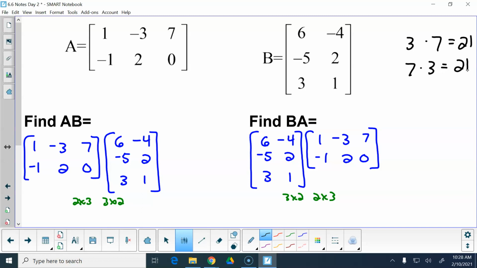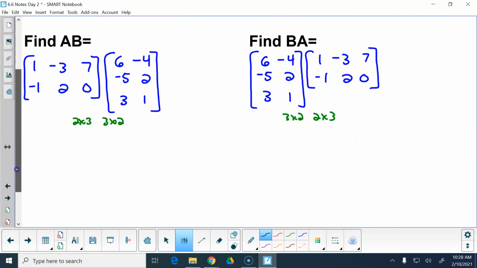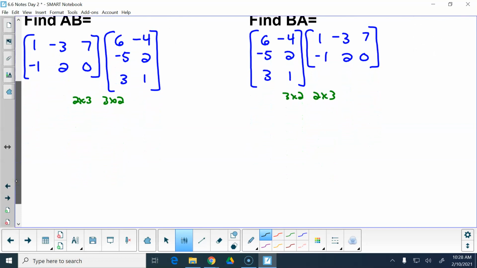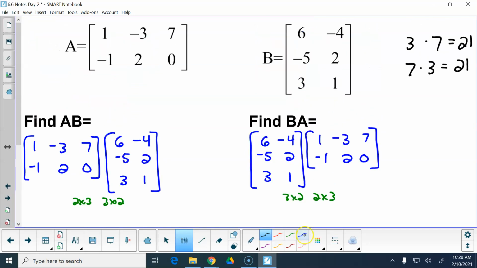Now, somebody else. Do we get the same type of relationship when we multiply matrices? No, we don't. Order matters when we're multiplying matrices because A times B is going to end up being a 2 by 2 matrix.